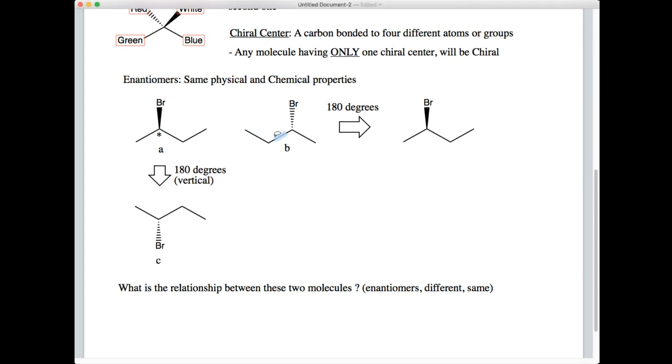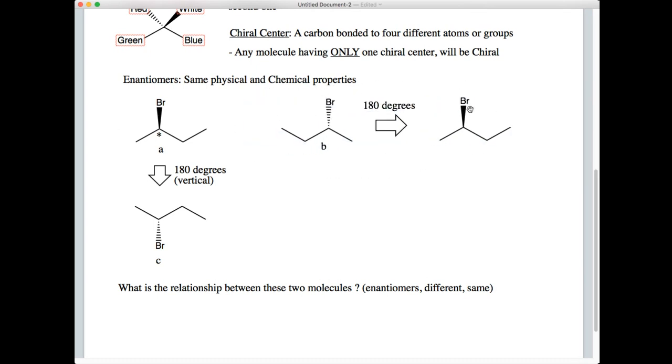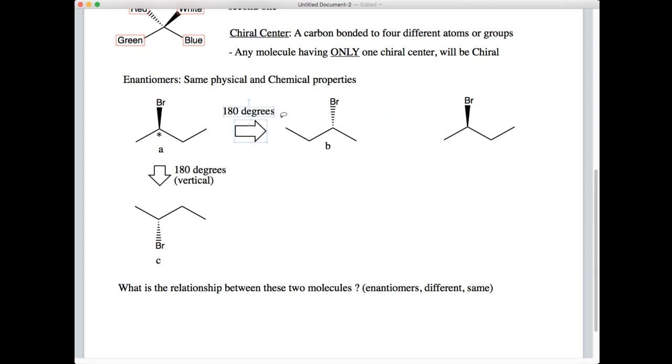So these two are the same, right? We just flip this. To make it a better picture, what happened here from A to B is I just did a 180 degrees flip, horizontal. I'm gonna add this here.